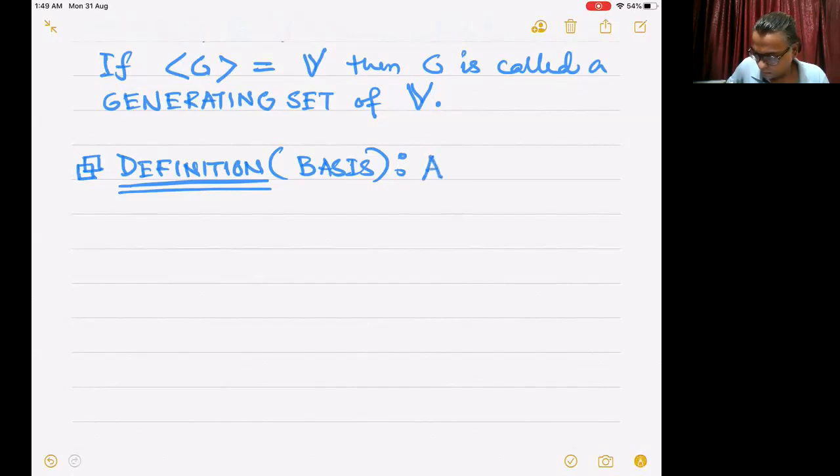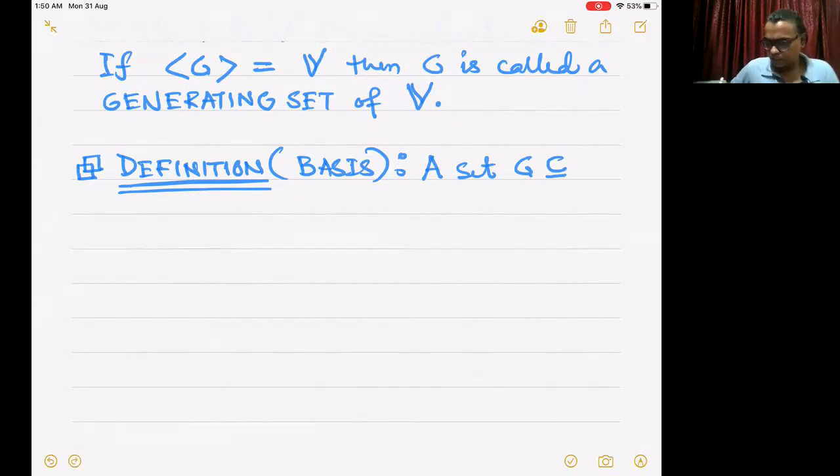A set G, which is a subset of V, hang on, my Apple Pencil has run out of battery. Just hang on a second.